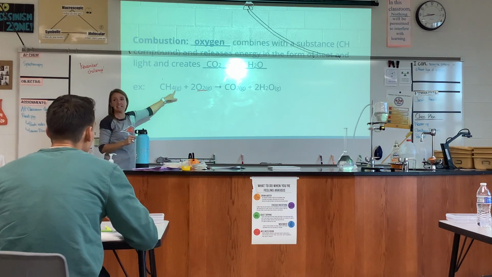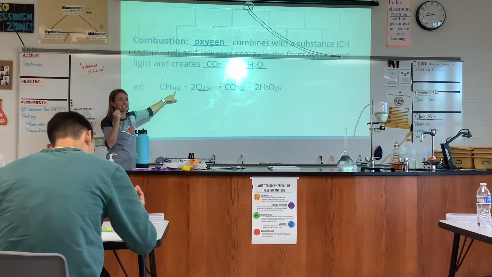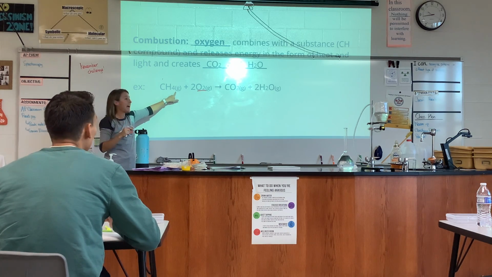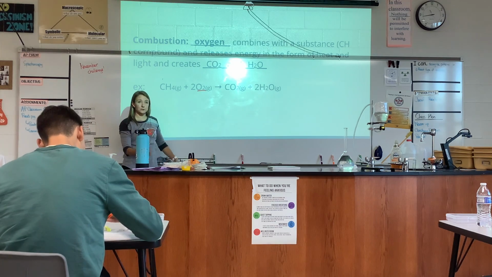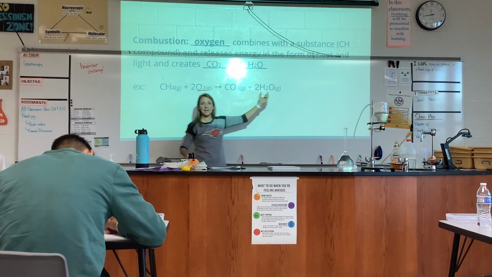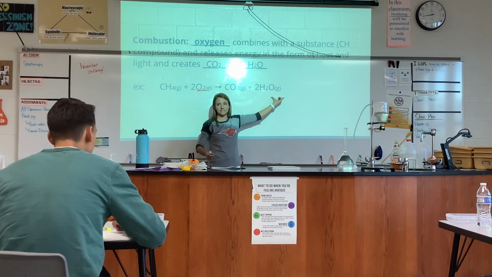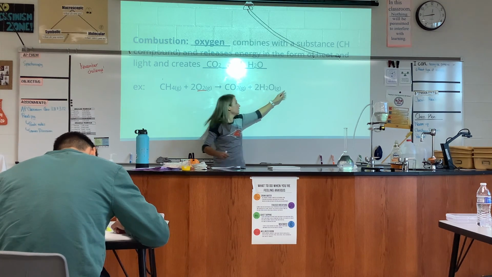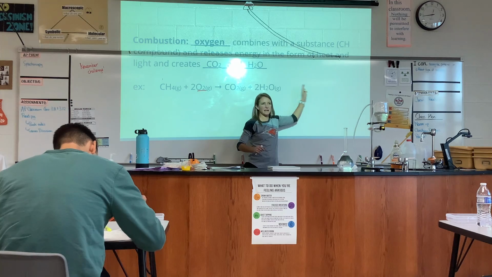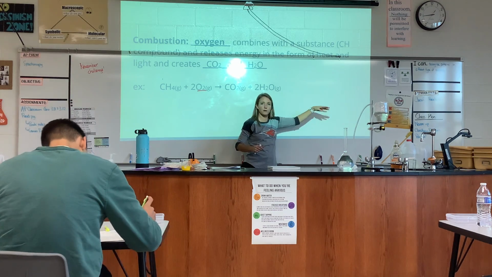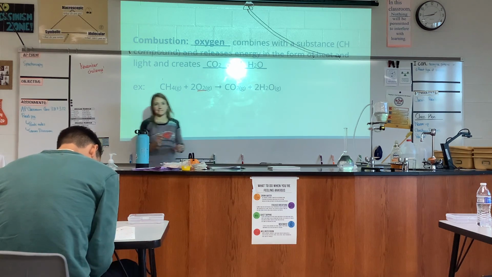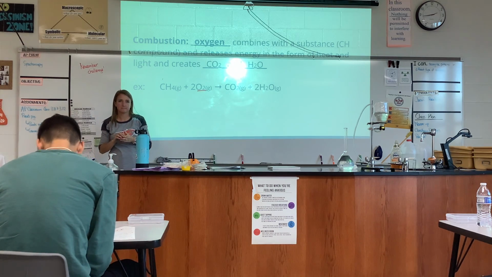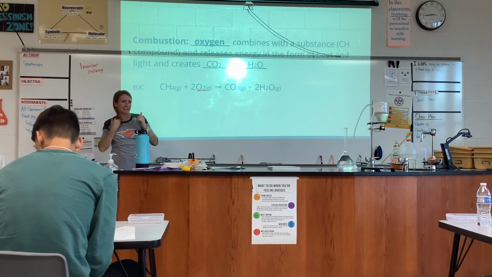Now the amount of C and H's don't matter. It just has to have some C, some H, and it has to react with oxygen. Then it always creates carbon dioxide and water every single time. Now it could create other things too. In some more complicated combustions, you can have other products, but you're always going to have this, this, and this every single time in a combustion. Okay? Questions on identifying combustions?